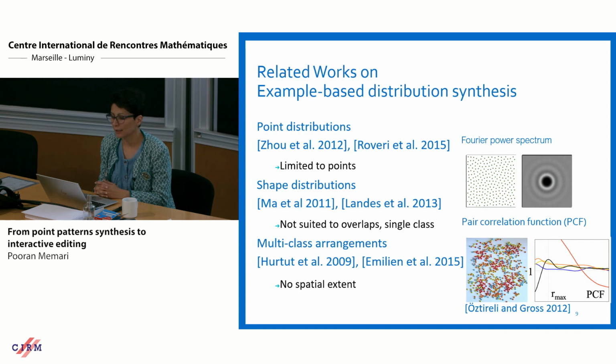This is very well known in the sampling community, and there are efficient tools there. And there is another category of techniques considering more statistical tools like pair correlation functions. I will come back to this notion in one slide.